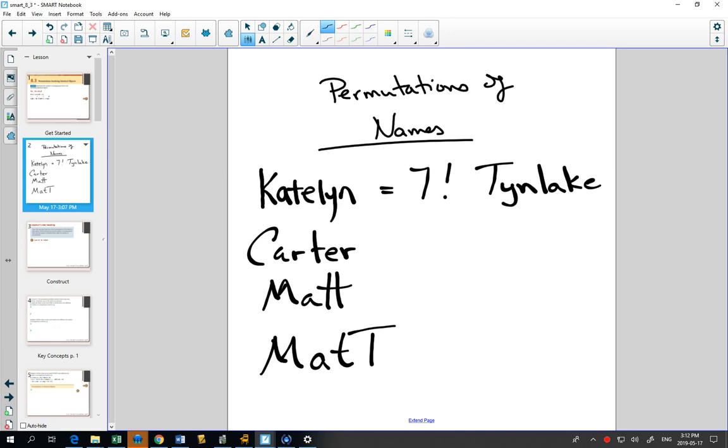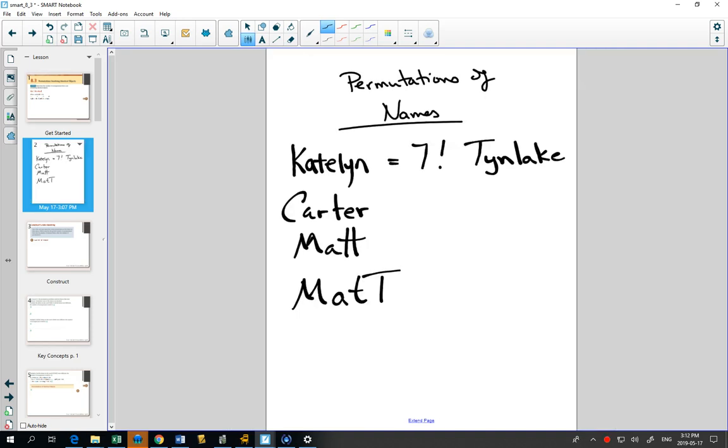But the problem with 2 T's exactly the same is this: if the letters are both different, those would be different passwords. But if I mix up the small letter T's, it's the same password. Does that make sense?